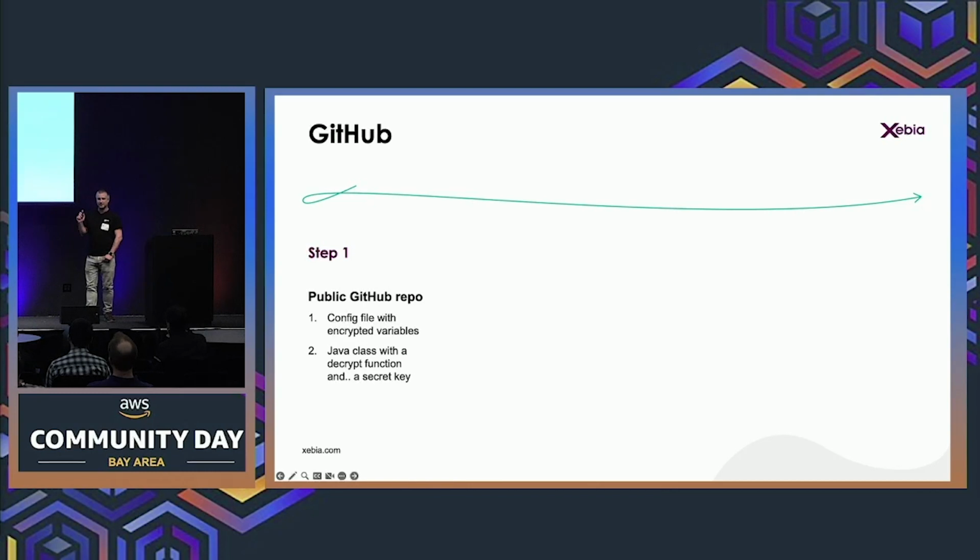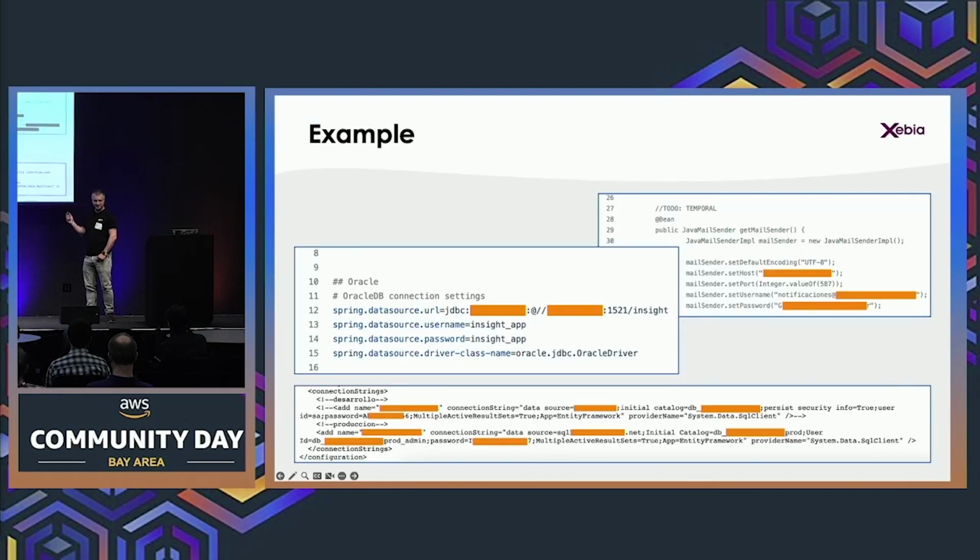So this scenario starts with one public GitHub repository, and this is an example of what you can find there, like credentials for databases, for mailers, connection strings with username and password, access keys, tons of credentials there.